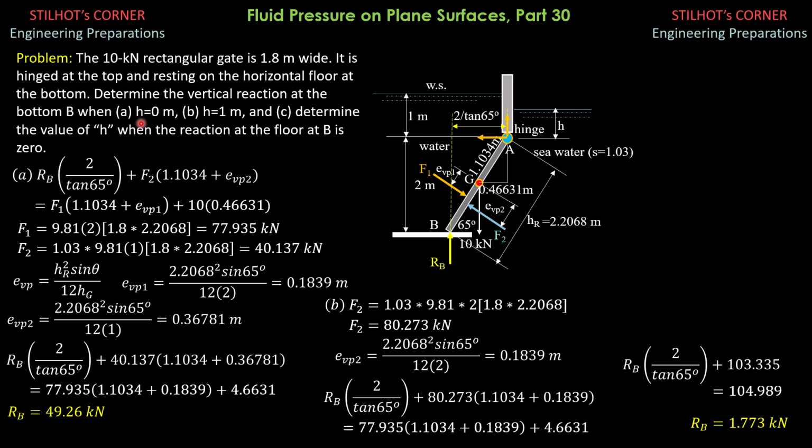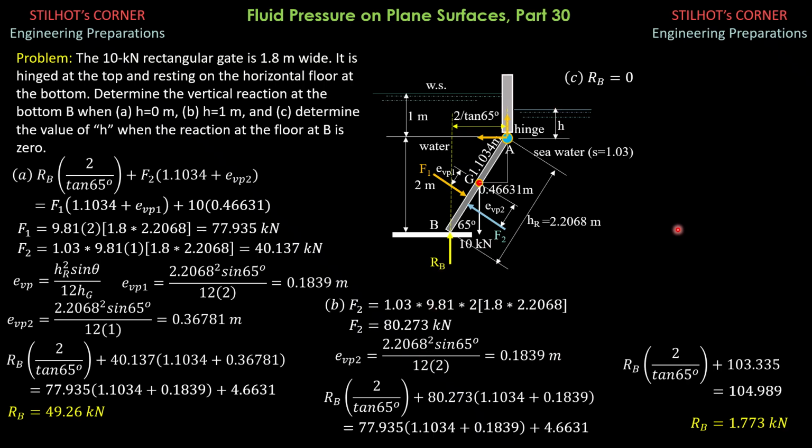So in part C, determine the value of H when the reaction at the floor at B is 0. So remember that when H is 1 meter, this is the reaction at B. So meaning to say, the final answer to part C would be slightly greater than 1 to make RB 0.